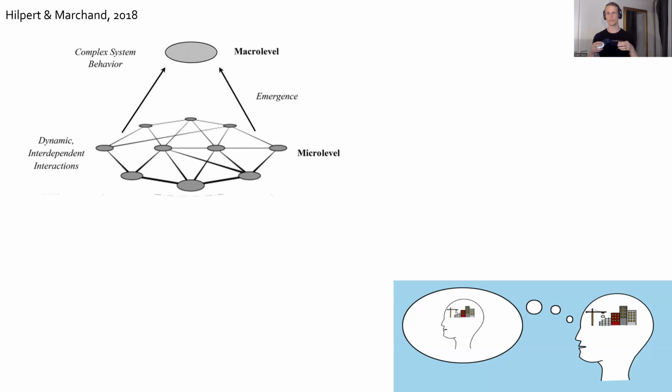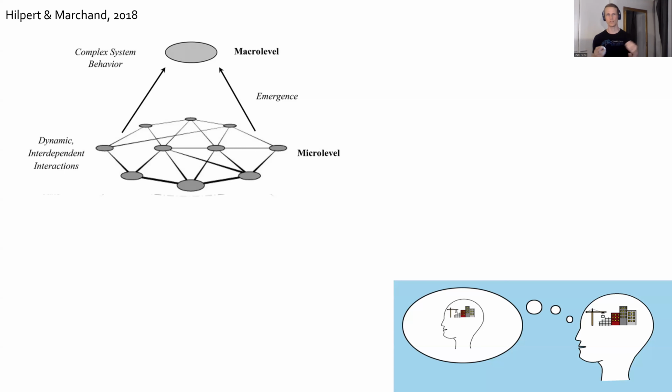But the municipality level is the macro level for, I don't know, city level or neighborhood level, and so forth. And if you have three levels, you can have micro, meso, and macro. But you can always change them depending on what you consider to be the macro and what you consider to be the micro in your context.